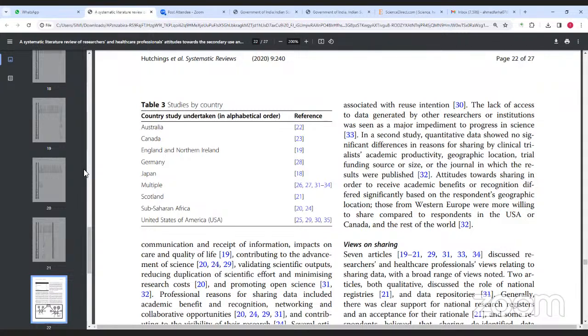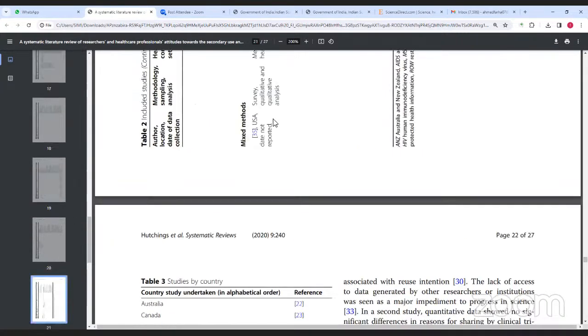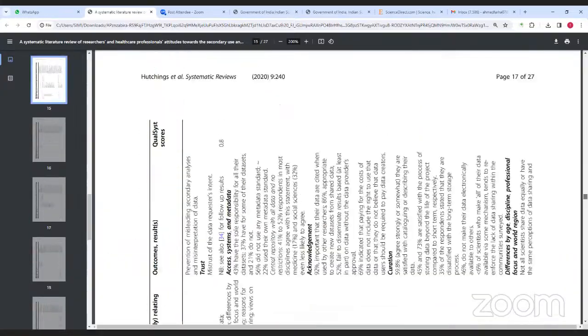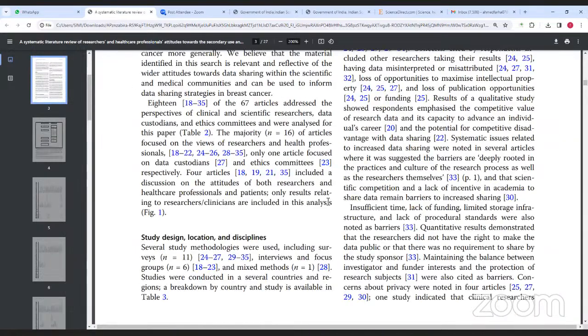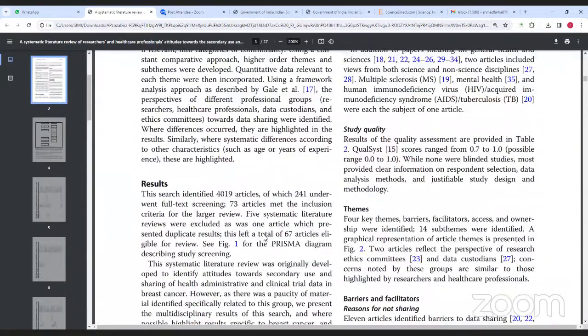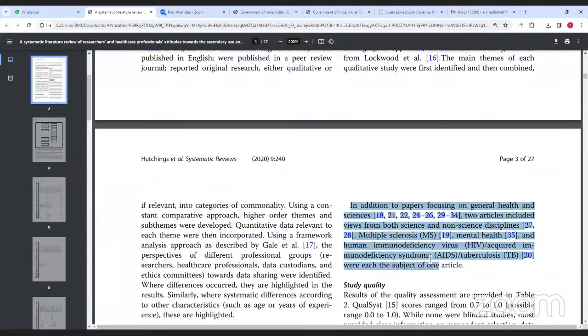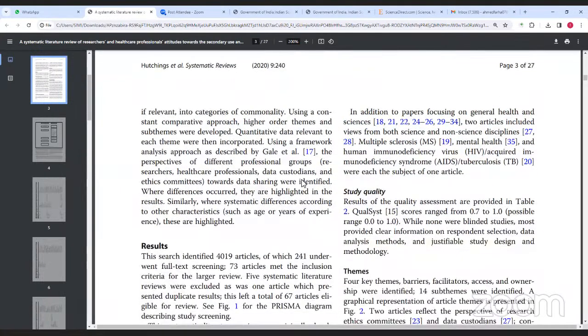Okay, now you go to that page. In addition to papers focusing on general health and sciences, 2 articles included views from both science and non-science disciplines.